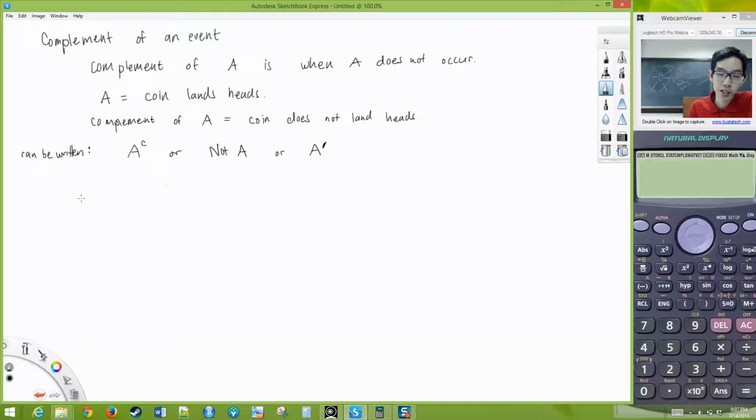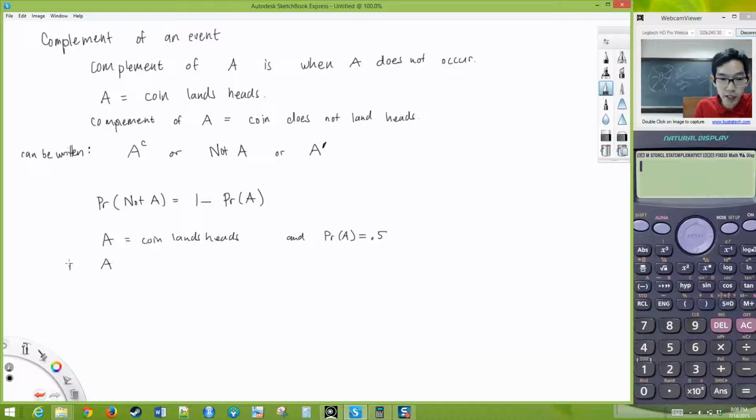That's what we say. And when we're talking about probabilities, the probability of not A, or the complement of A, is equal to 1 minus the probability of A. So if A is the coin lands heads, and the probability of A is 0.5, then the complement, not A, would be the coin does not land heads.